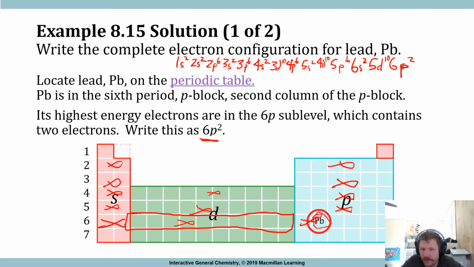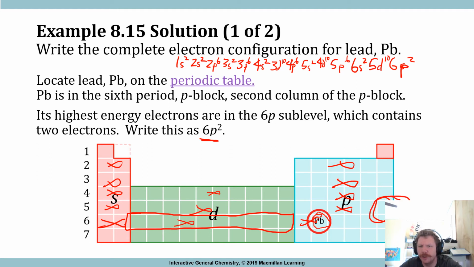Now, with all of that said, that's a lot to write. There's something that's known as your condensed electron configuration. For your condensed electron configuration, what you need to do is find the nearest preceding noble gas. So for lead, the nearest preceding noble gas is right here.